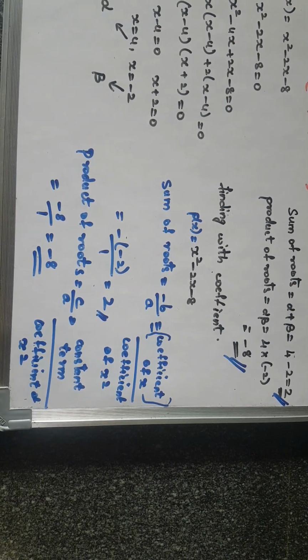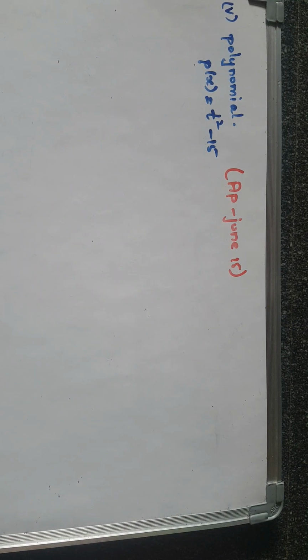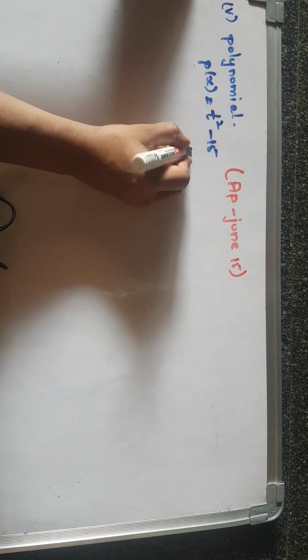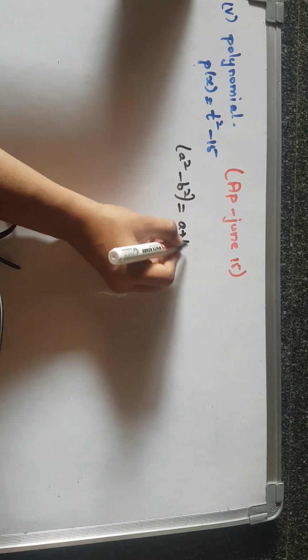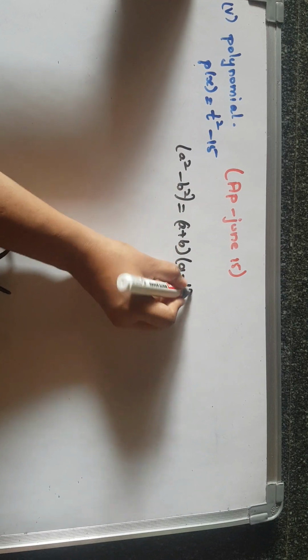Let us continue. This is the polynomial given. This is an AP June 15 question, a previous year question. P of x equals t square minus 15. This is in the form of a square minus b square, which equals a plus b into a minus b, so we can write it like this.